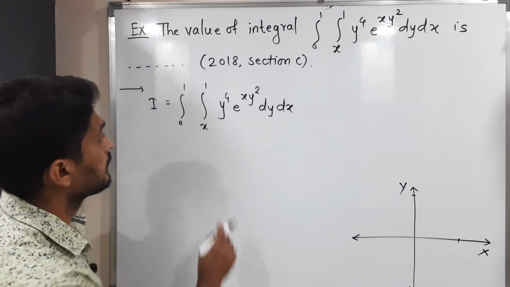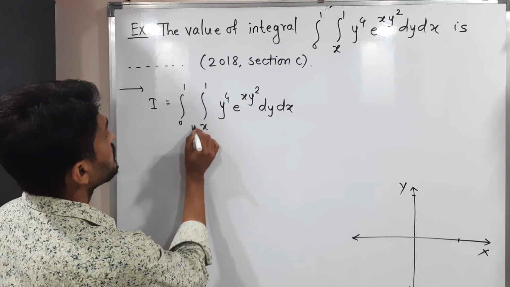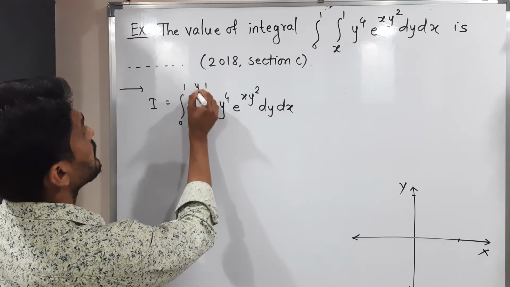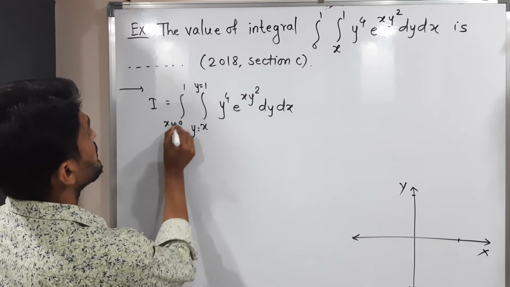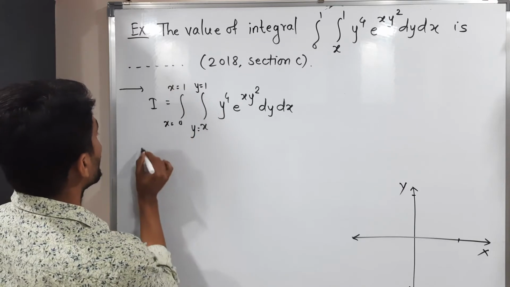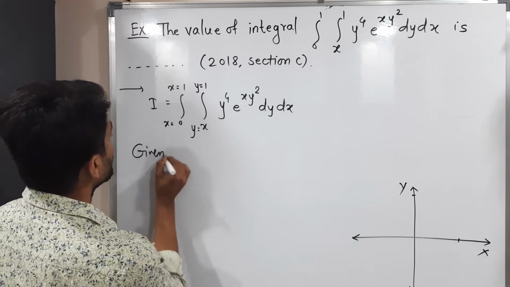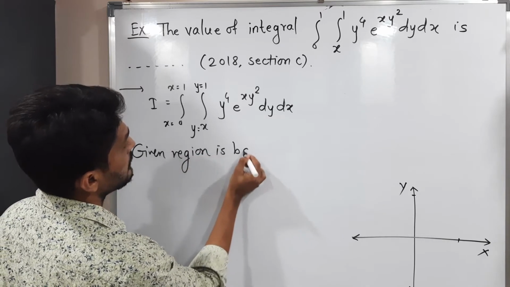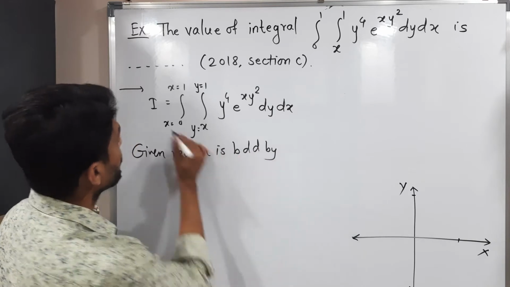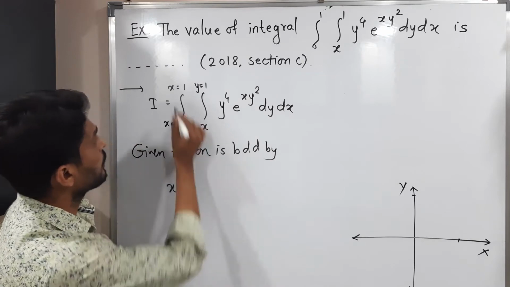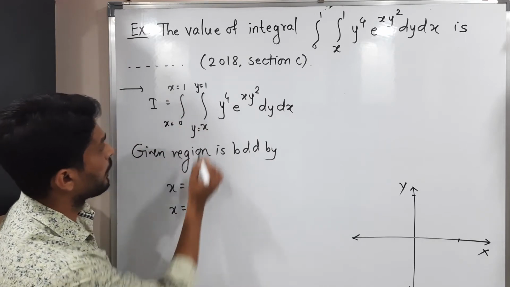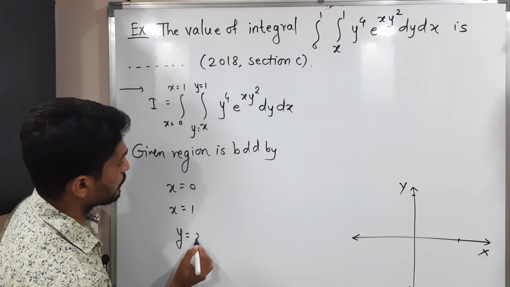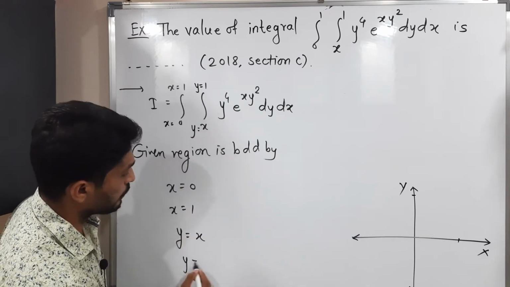So let us write. x is here, so these are the limits of y, and obviously these are the limits of x. Therefore I will write the given region is bounded by x = 0, x = 1, y = x, and y = 1.